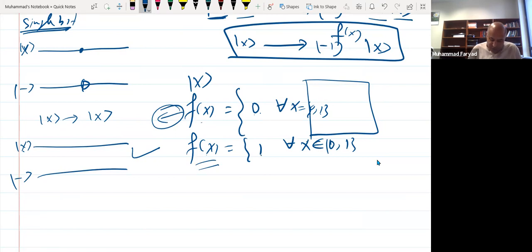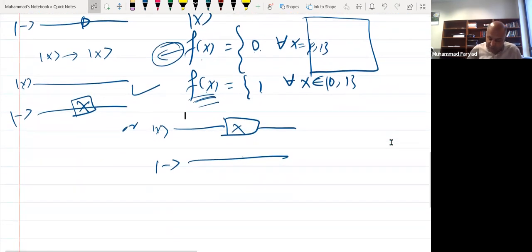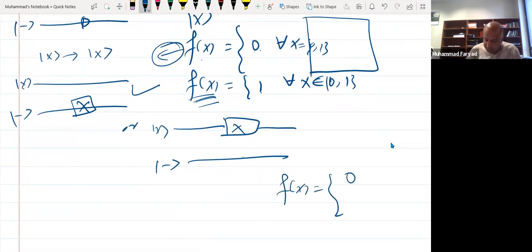So what we can do for this one is put an x gate over here, or equivalently we can just put an x gate over here. So this can implement the second function. However, if our function is such that f of x is equal to 0 when x is 0 and it is 1 when x is 1, it means I don't want any phase if x is 0, and I want a phase if x is 1. So this circuit can implement this.